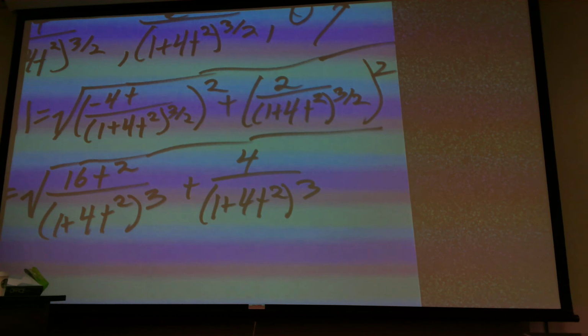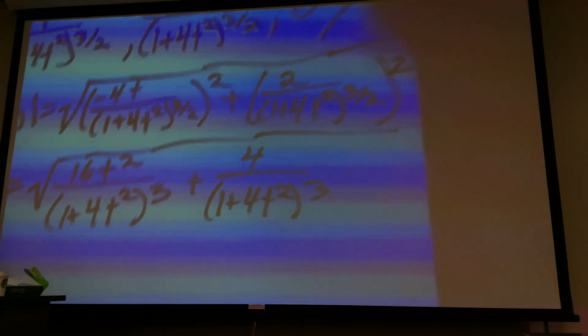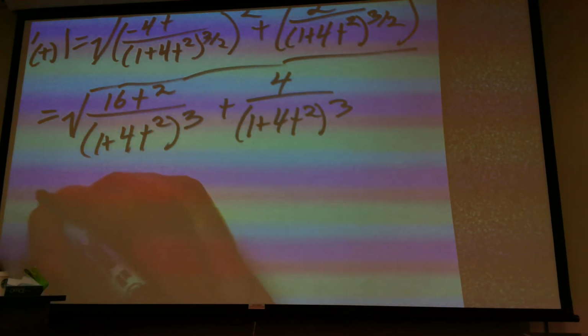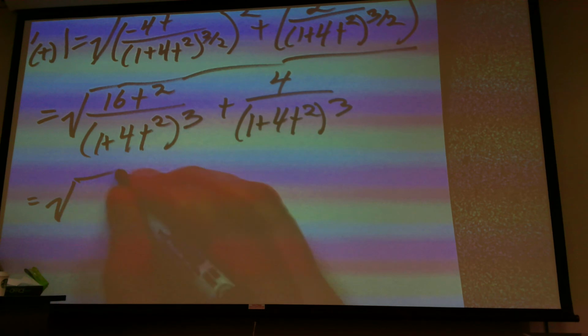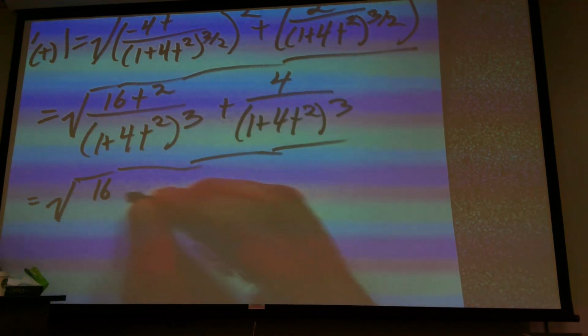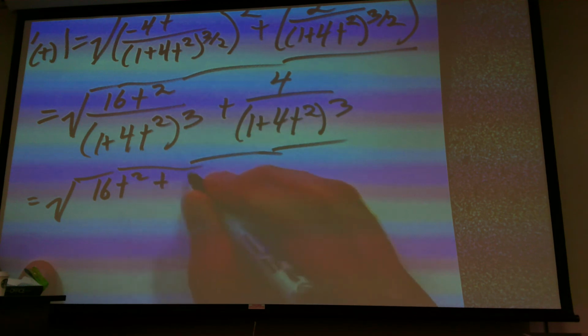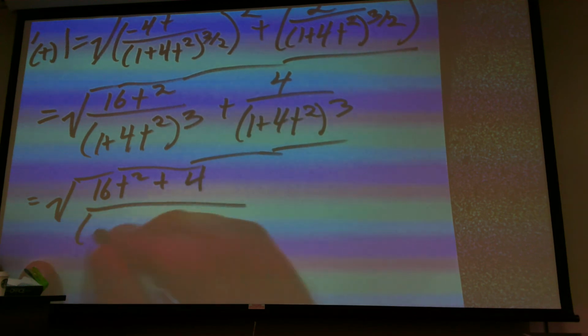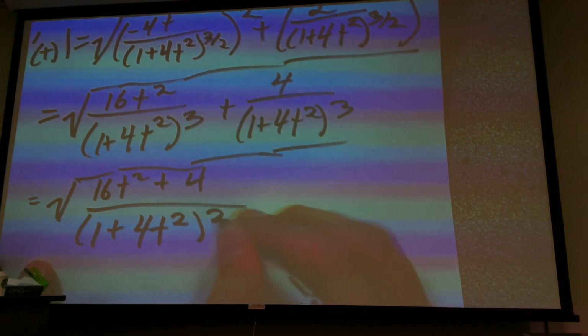Okay. Then you can ask the question, well, where the hell are we going with this? Well, a common denominator at this point in the problem. So this would equal the square root of 16t squared plus 4, now divided by 1 plus 4t squared cubed.